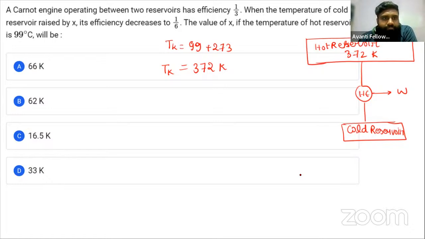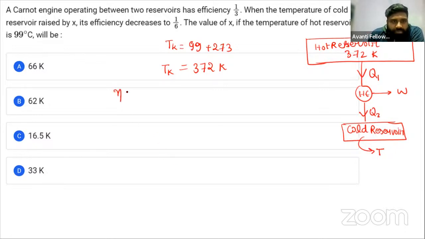We extract some amount of heat, and we reject some amount of heat to the cold reservoir. Firstly, the efficiency is 1/3. We do not know anything about the temperature of the cold reservoir, so initially we will consider it T.